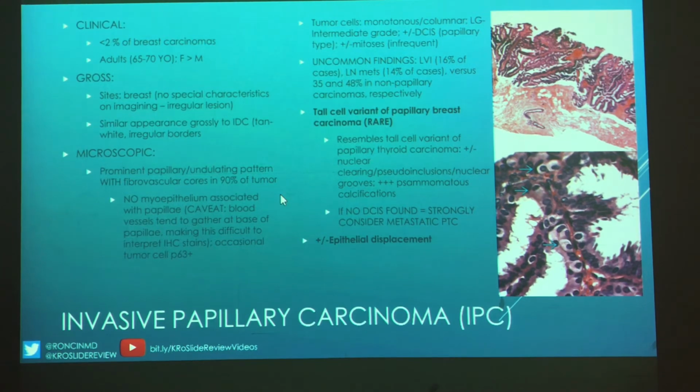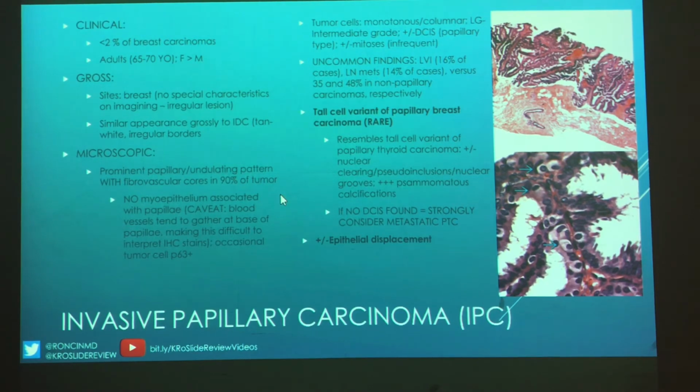You can see DCIS associated with these. It's almost always low grade, sometimes intermediate grade. If you're seeing grade 3, I would rethink this diagnosis. What they can actually confuse you with is papillary thyroid carcinoma.